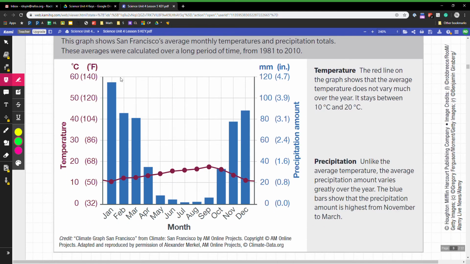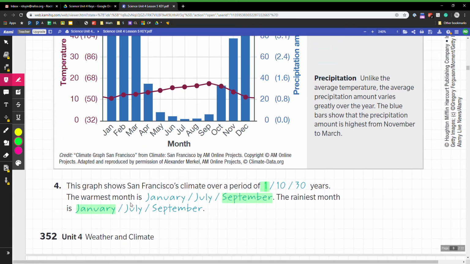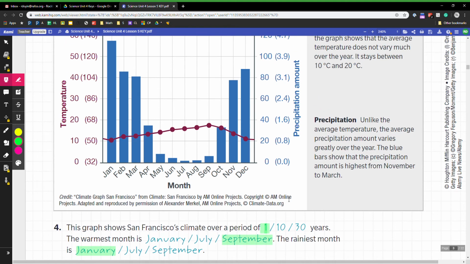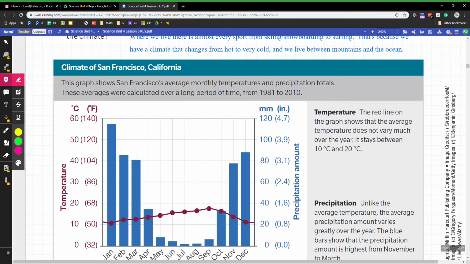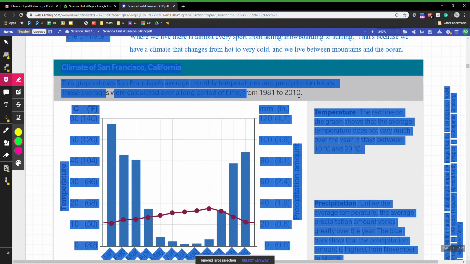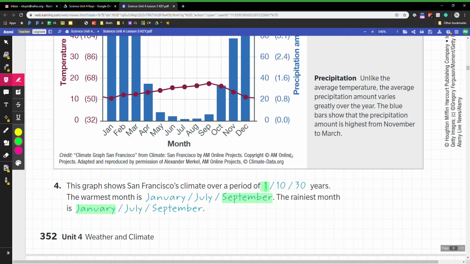Down here, it has a graph of San Francisco and the average temperature. It says this graph shows San Francisco's climate over a... oh wait, no, that was wrong. These averages were calculated over a long period of time, from 1981 to 2010. This is 30 years.